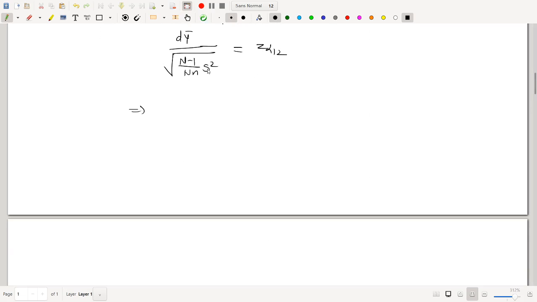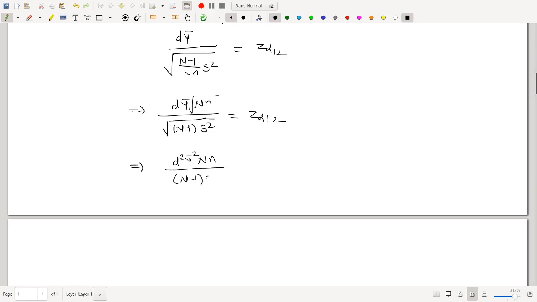So this implies I can write this as d Y bar root of n divided by root of n minus 1 S square is equal to z alpha by 2. Squaring on both sides, this will be d square Y bar square capital N small n divided by n minus 1 S square is equal to z alpha by 2 square.